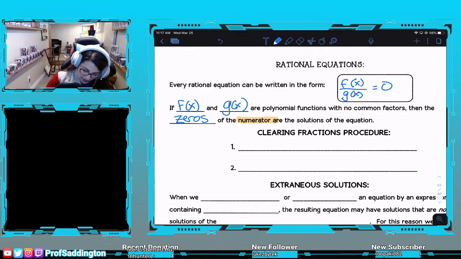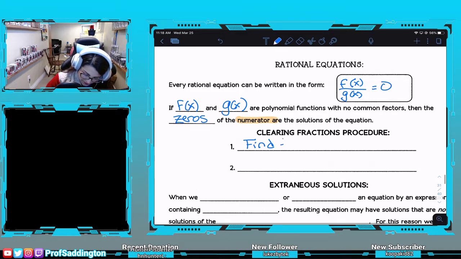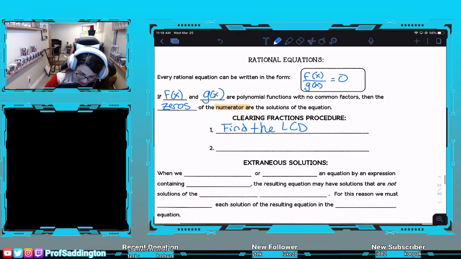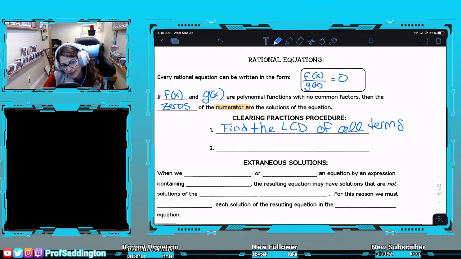Okay. So, clearing fractions procedure. First, we need to find the LCD of all the terms. So again, LCD, least common denominator.